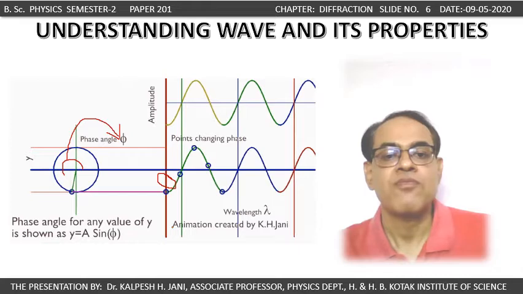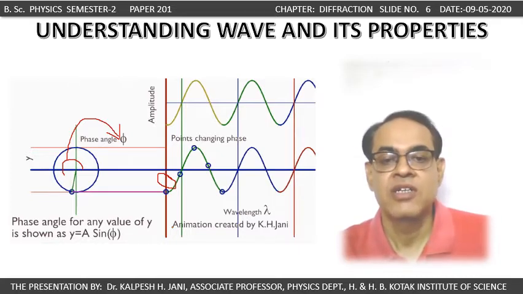Now each and every constituent on this wave always has a changing value of phase. So we can say that as the wave passes, all the constituents change their value of phase.